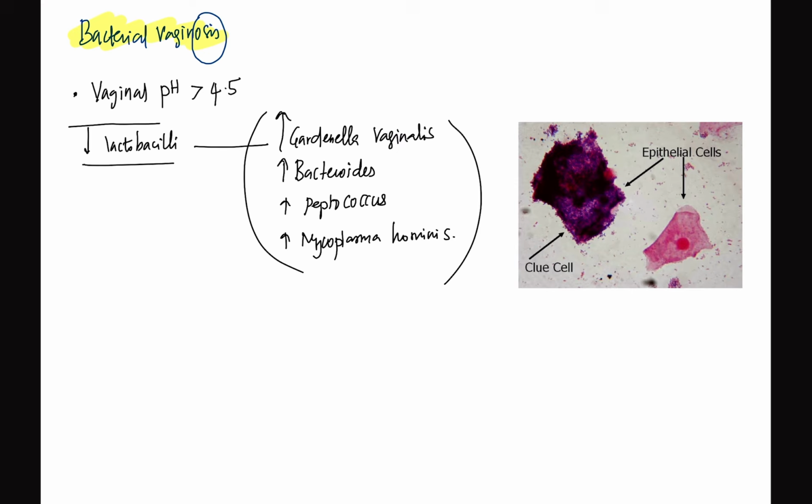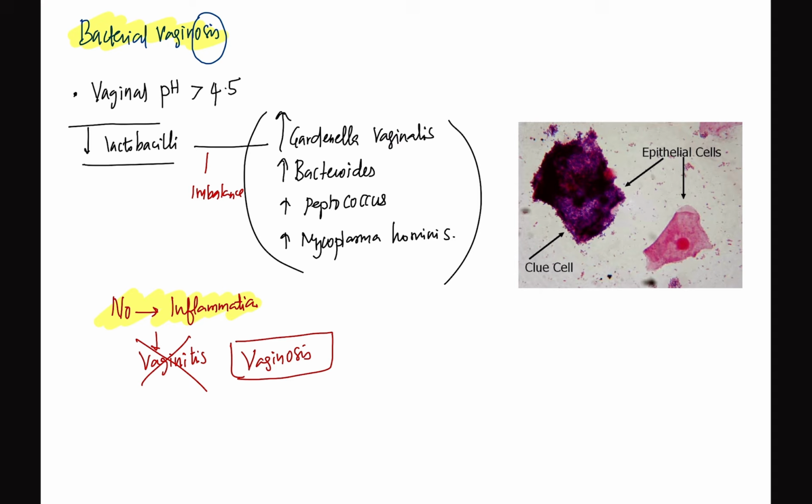And this infection, which is caused because of the imbalance, is categorized by no inflammation. That means there is no inflammation here. Yes, there is an infection, but inflammatory changes are absent. That's the reason instead of calling it vaginitis, they have given the name vaginosis. If you understand this concept, I think you can answer many number of questions. Why it is not bacterial vaginitis, only vaginosis?